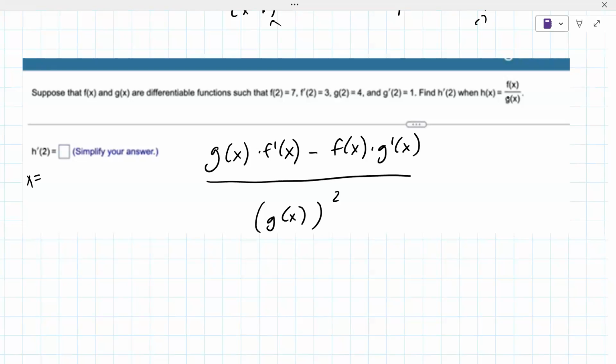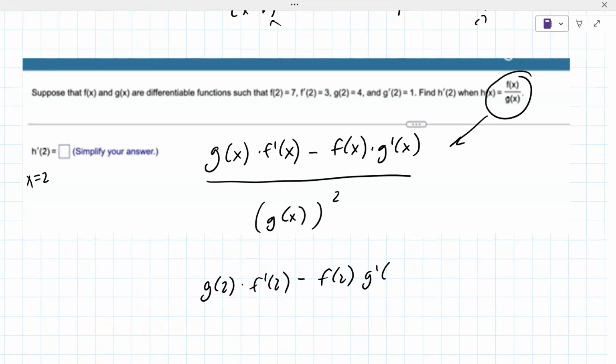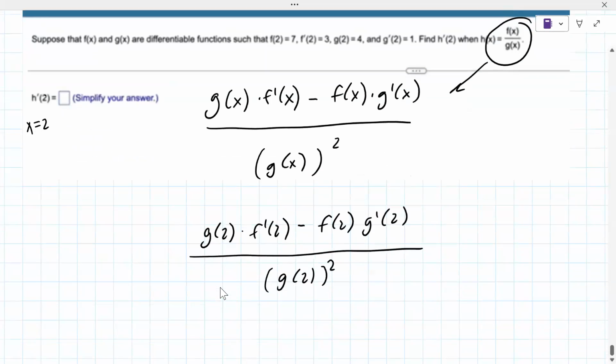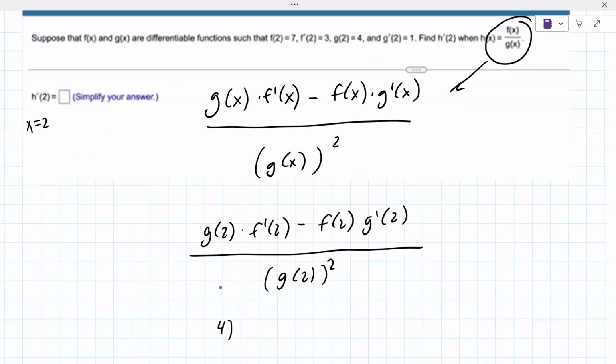So x is really 2. So that derivative becomes that. So it's really g of 2, f prime of 2 minus f of 2, g prime of 2 over g of 2 squared. And then you have to put those numbers in. So g of 2 is 4.